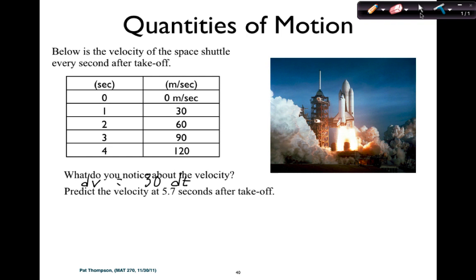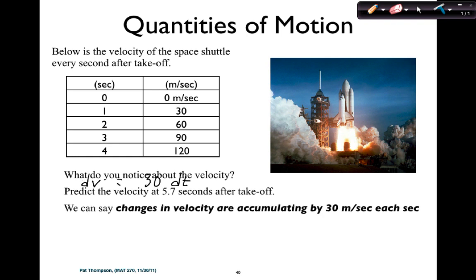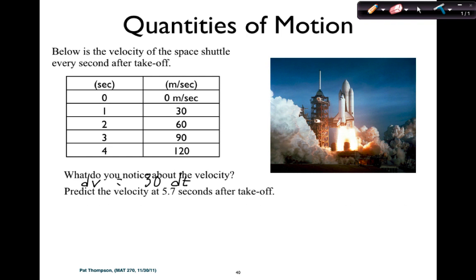All right, so I want you to use this fact, our dv, so dv equals 30 dt. That's our broad meaning for constant rate of change, right? Given any change in time, the change in speed is 30 times that. And let's make that 4.